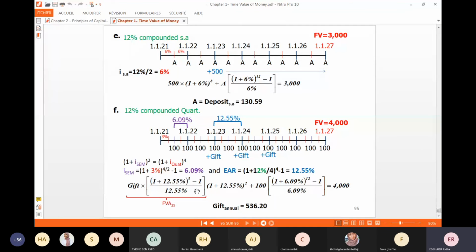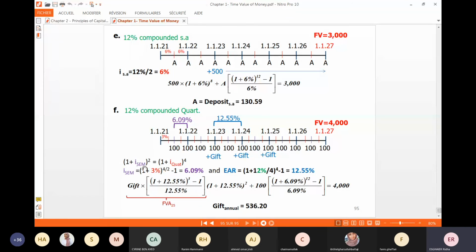The interest rate for each semester is not 12% over 2. 12% over 2 is the semi-annual rate if 12% is compounded semi-annually, but 12% is compounded quarterly here.